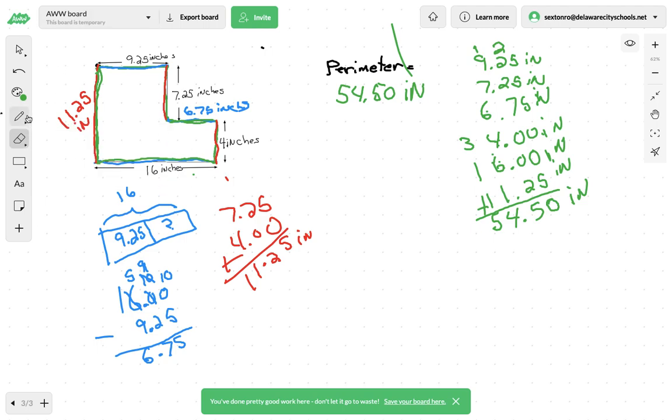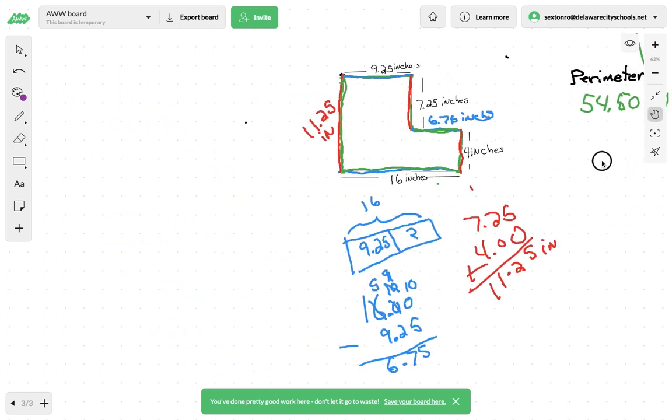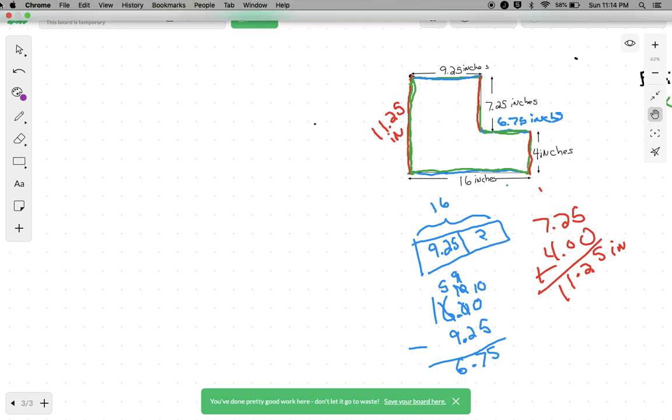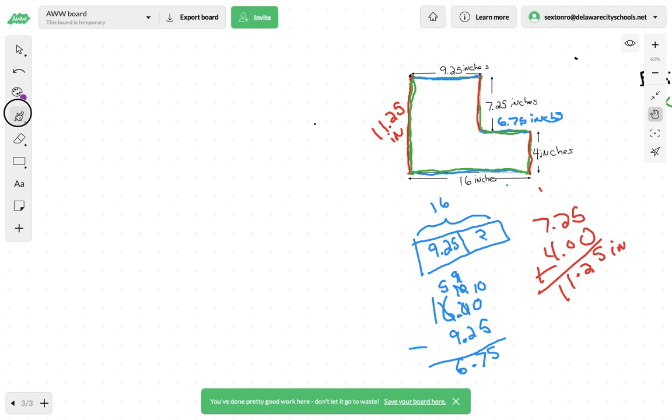Now we need to talk about area. Let's switch to purple. Now, for area, as always, hold on. This little thingy. Area is length times width.